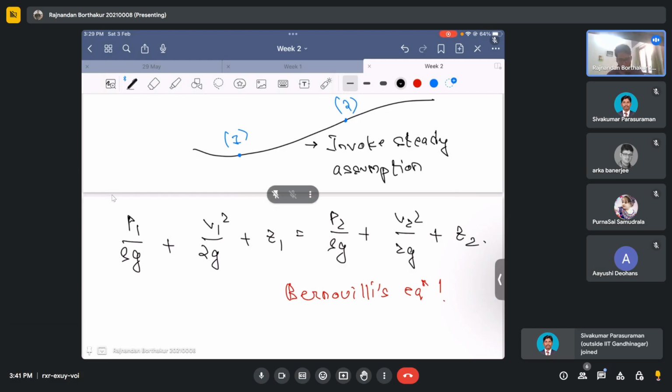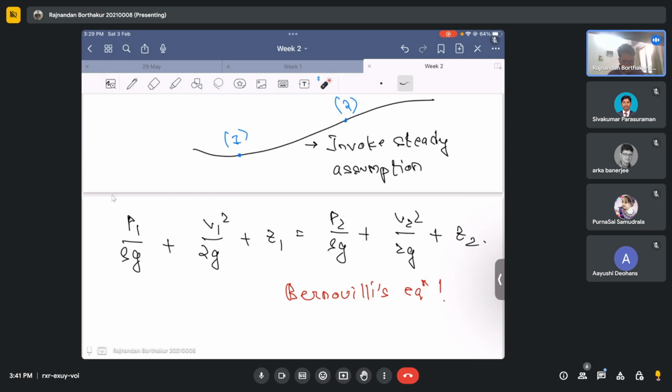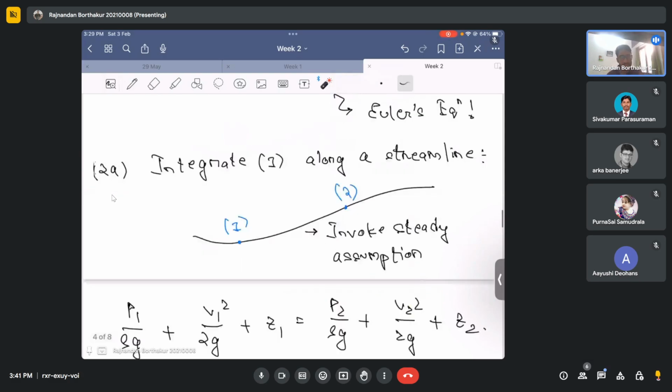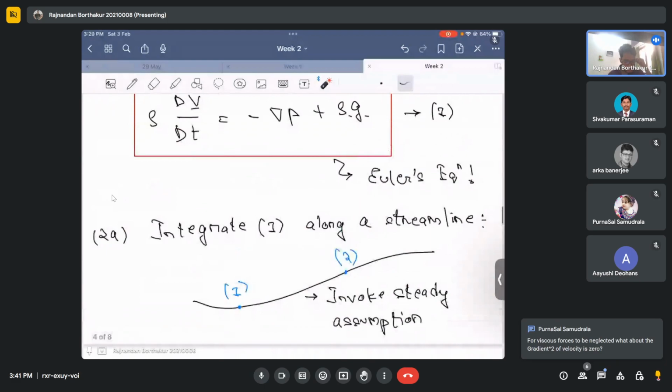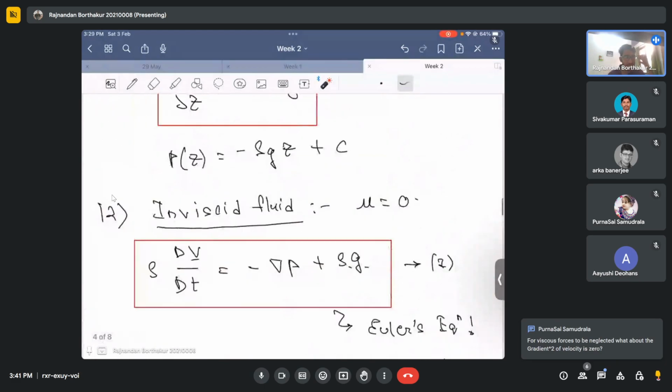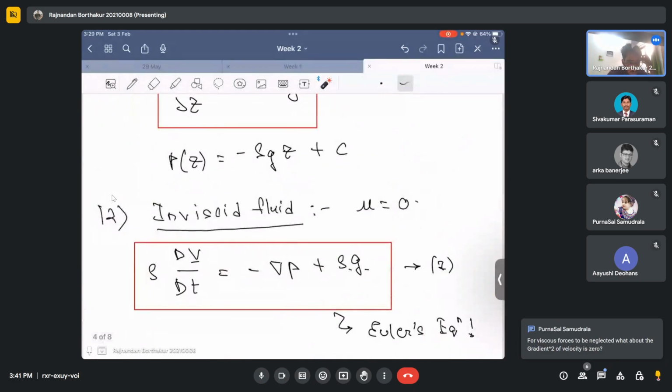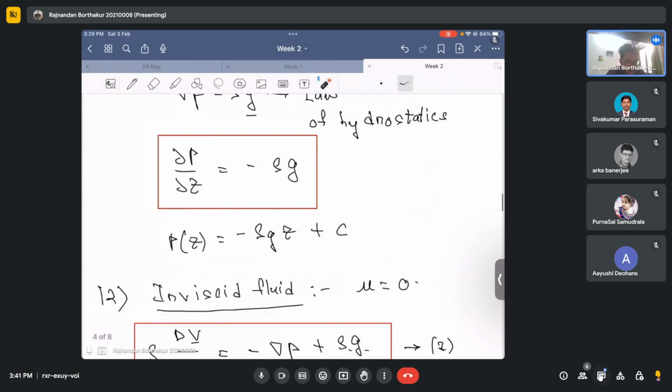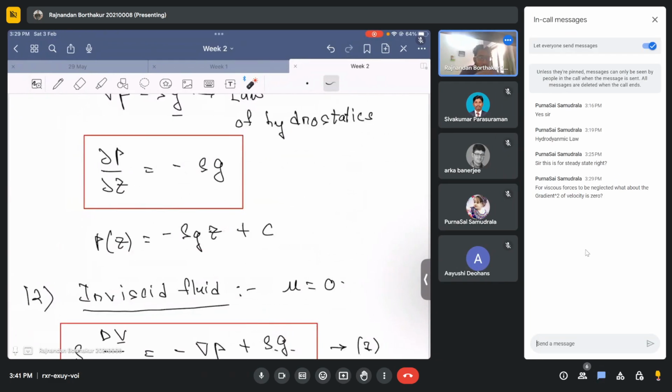All right, guys. If you don't have any question, I hope everyone is clear up to this point. So the question is: for viscous forces to be neglected, what about the del square velocity?